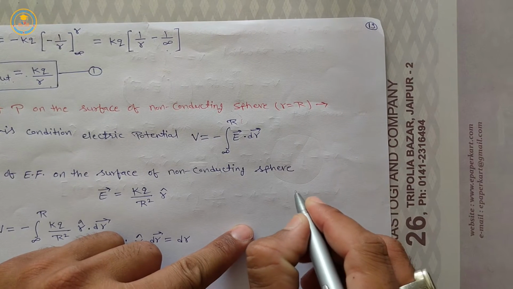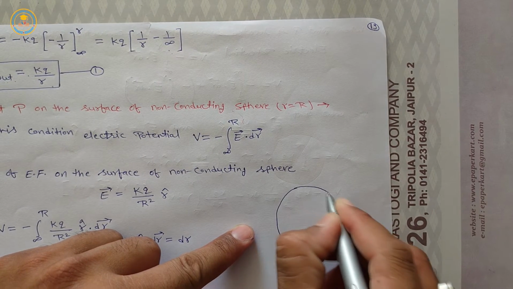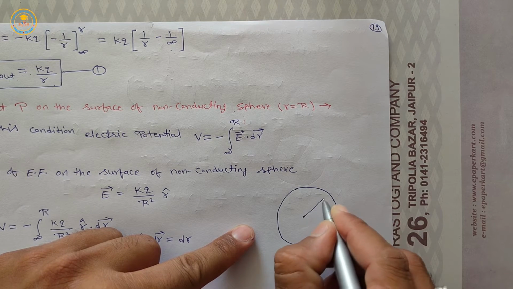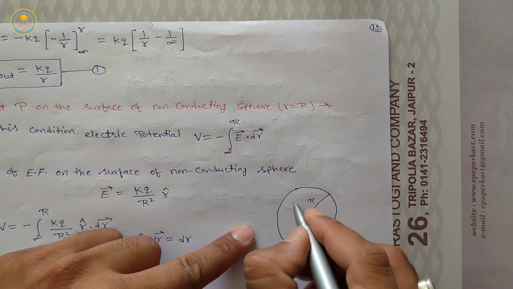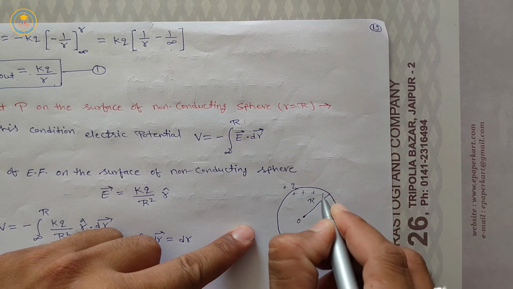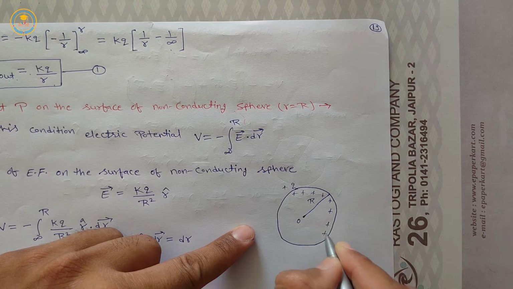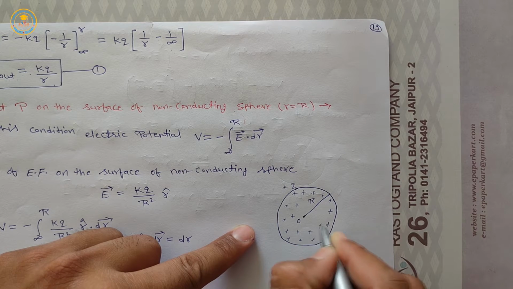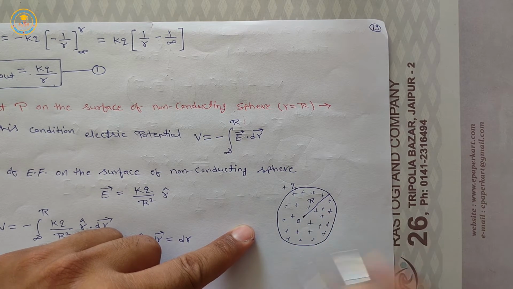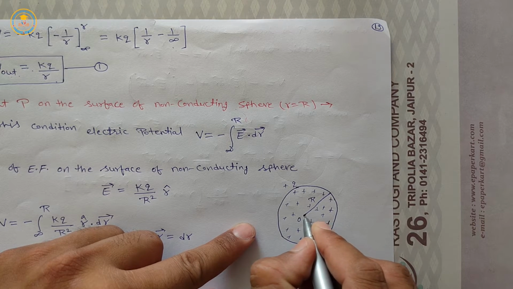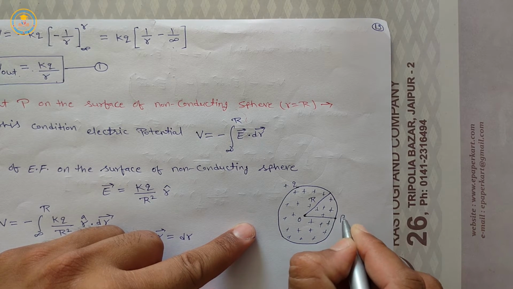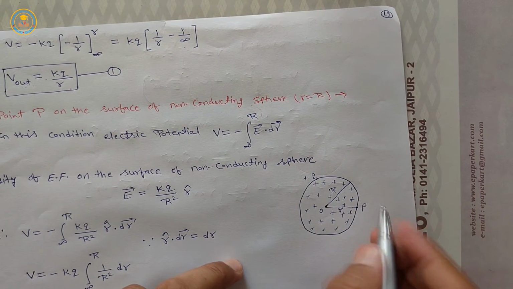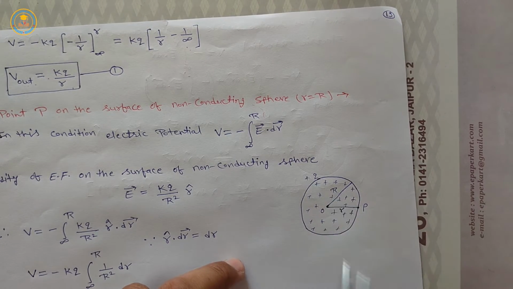We again draw a non-conducting sphere whose radius is capital R. This is capital R. This non-conducting sphere is charged by plus Q charge equally. Now our point P is located on the surface of this non-conducting sphere, and this is small r. In this case, small r is equal to capital R.